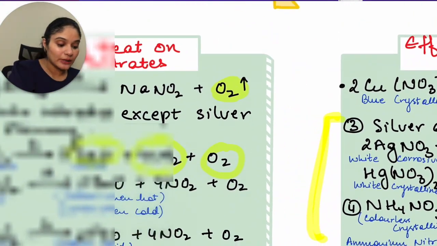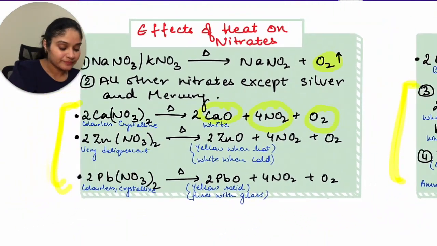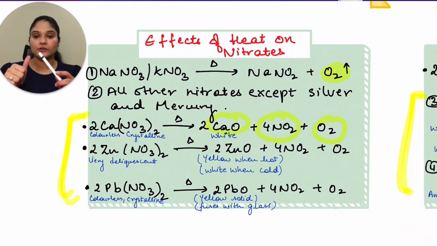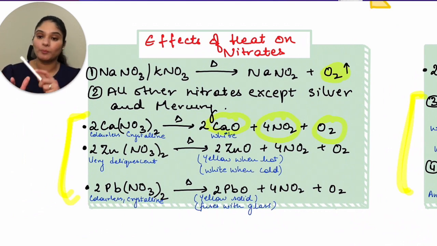Let's look at this once again. This is an important portion. If you have sodium and potassium nitrate, you get a compound and oxygen. No NO2, no nitrogen dioxide, no reddish fumes. So for potassium or sodium, you get NaNO2 plus oxygen, or KNO2 plus oxygen.